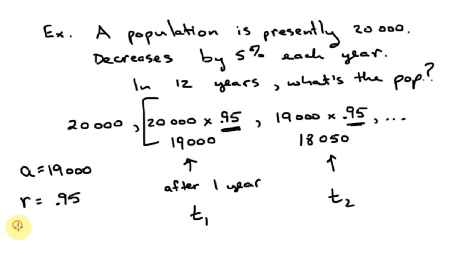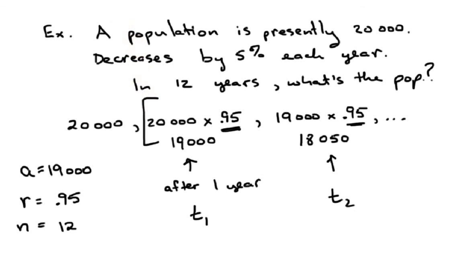And we know what n is, the number of years, because we want to go 12 years from now, so we want n to be 12. We want to find the 12th term in this particular sequence. We've now got everything we need, and what we're going to do is just put it into the formula and calculate it. So it becomes pretty easy.